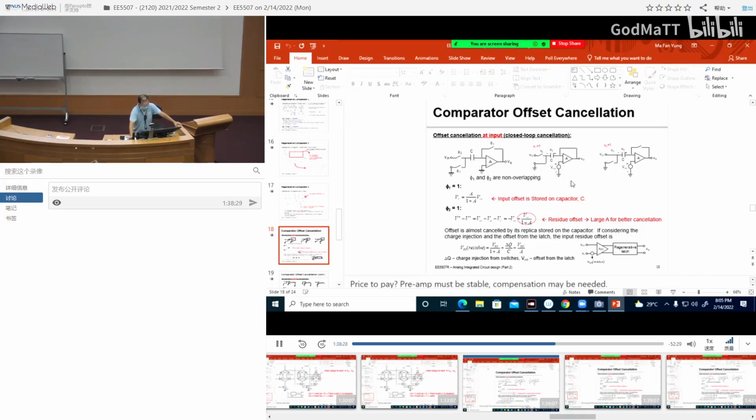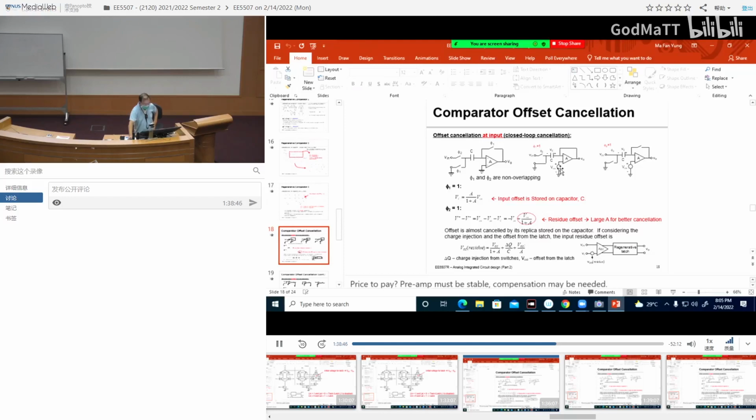Okay, and now if my op-amp has an offset, which we model here, previously the offset was not shown, now the offset is shown here. What will happen?